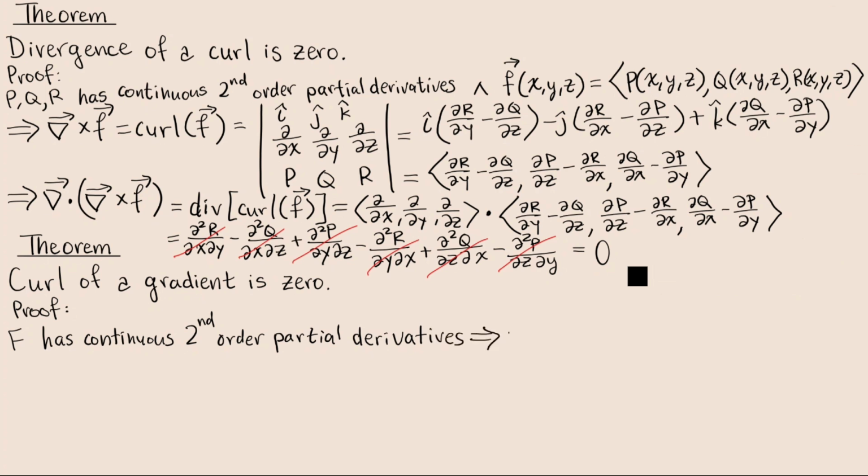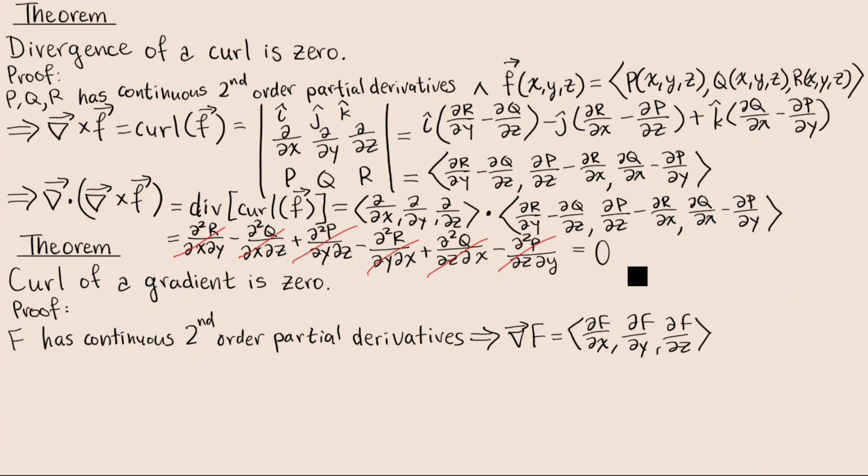So this implies that if I take the gradient of f, then this is equal to partial f partial x, partial f partial y, partial f partial z.